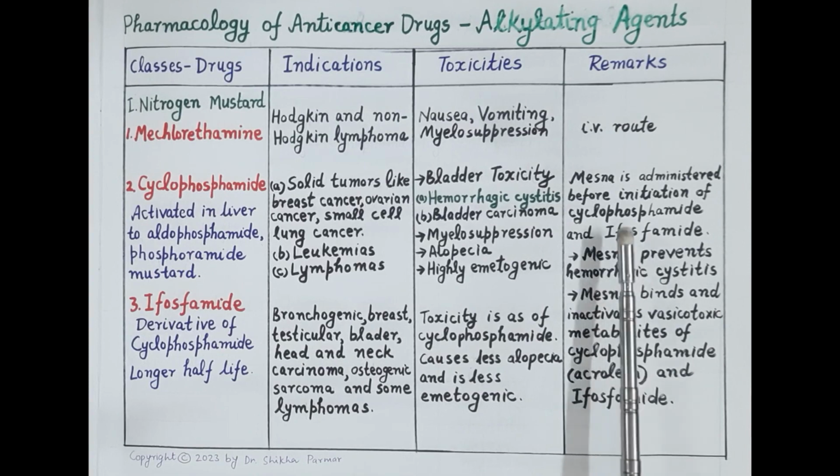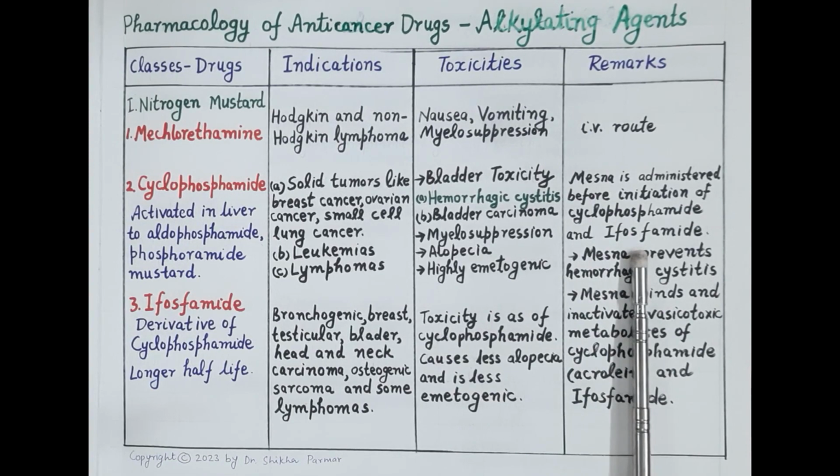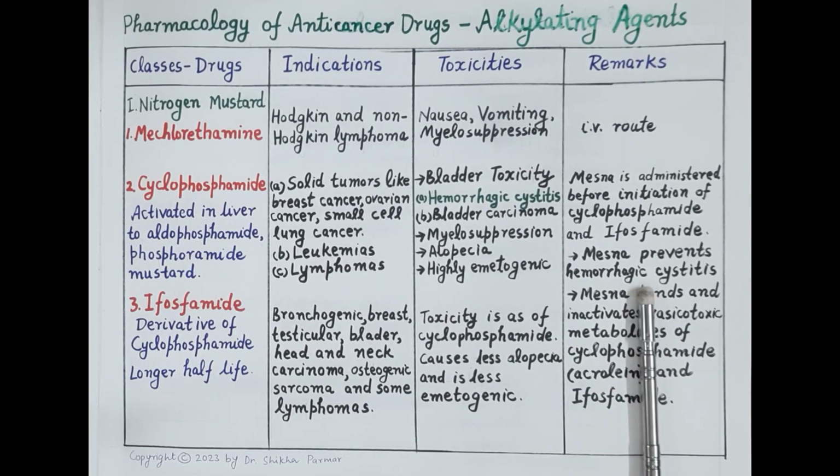Now, very important to understand here is that Mesna is a medication that is administered before the administration of cyclophosphamide or ifosfamide. Mesna prevents hemorrhagic cystitis. Mesna decreases the risk of bleeding from the urinary bladder. What Mesna does is that it binds to the toxic metabolites.